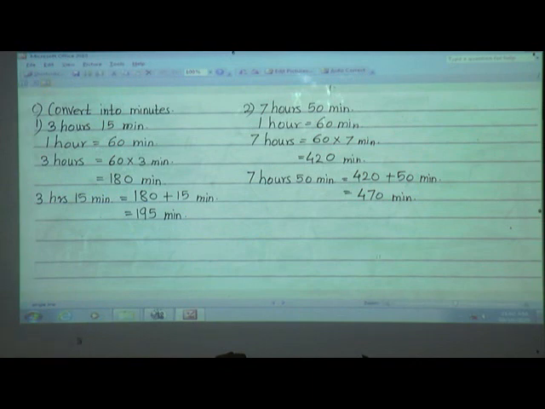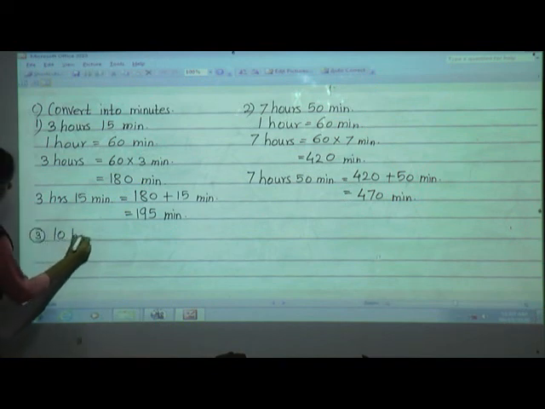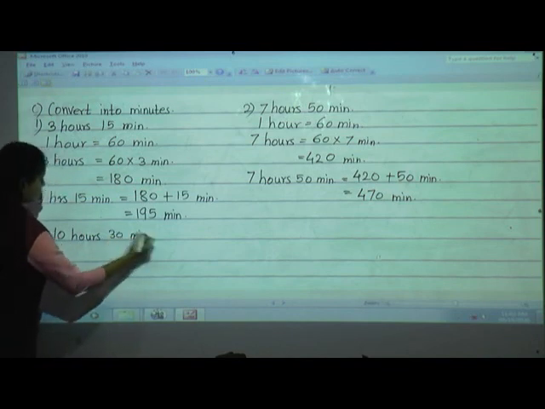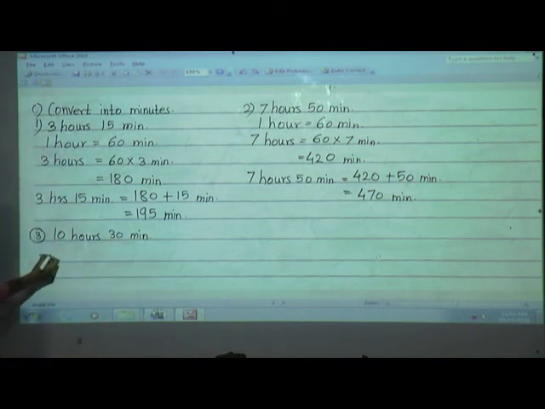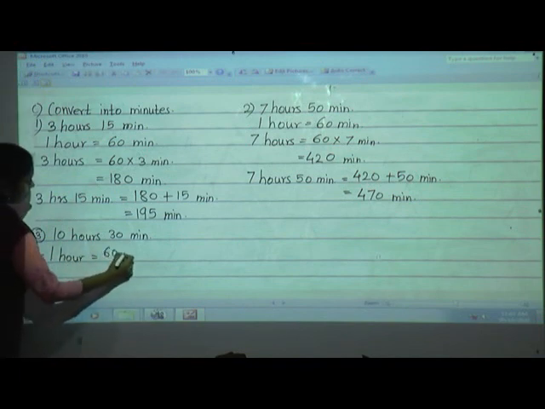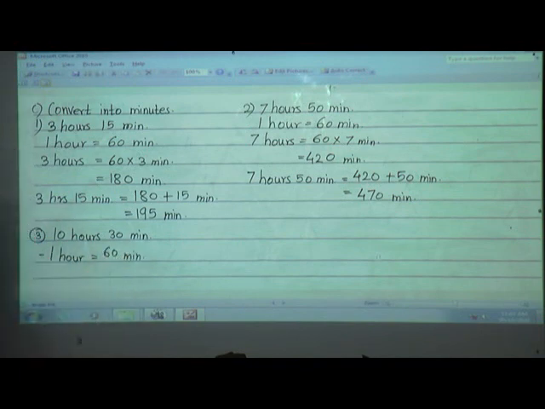10 hours 30 minutes. First step, 1 hour is equal to 60 minutes.